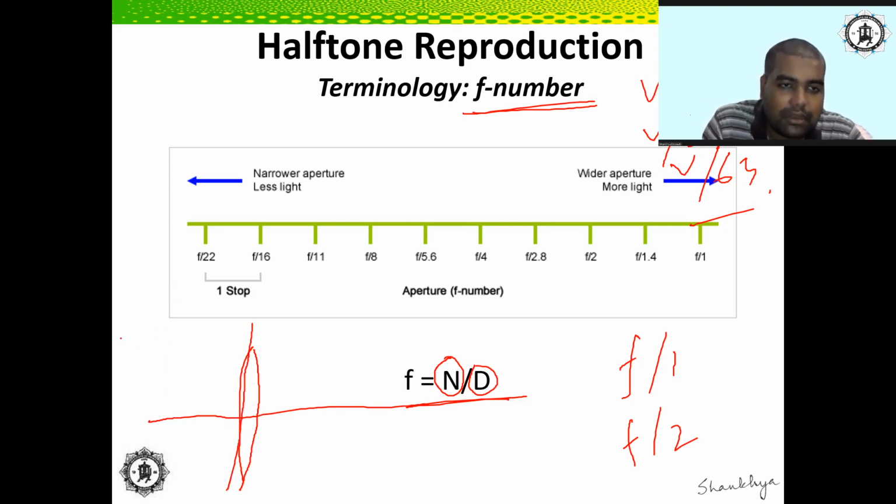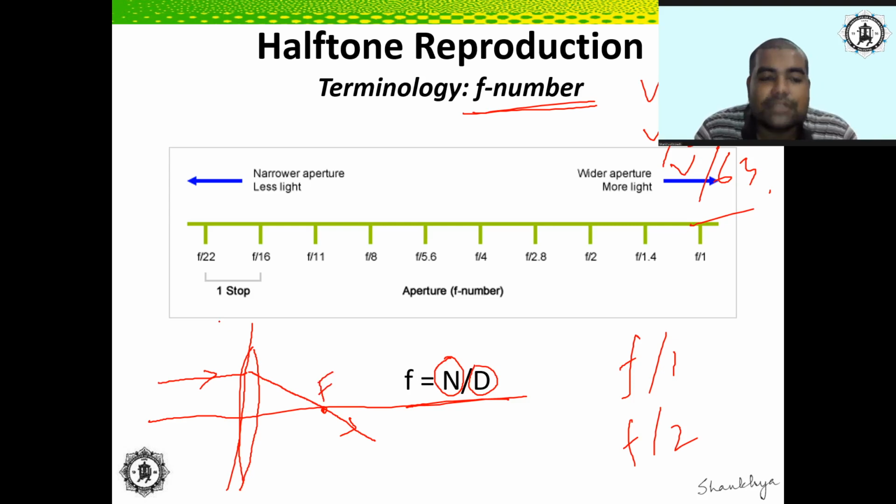Now a light ray which is hitting the convex lens parallel to the optical axis shall cross the lens and pass through a point on the other side, and that point is known as the focus for that particular lens. Or simply we can say any light which is passing parallel to the optical axis will meet at a point after getting refracted through the lens.